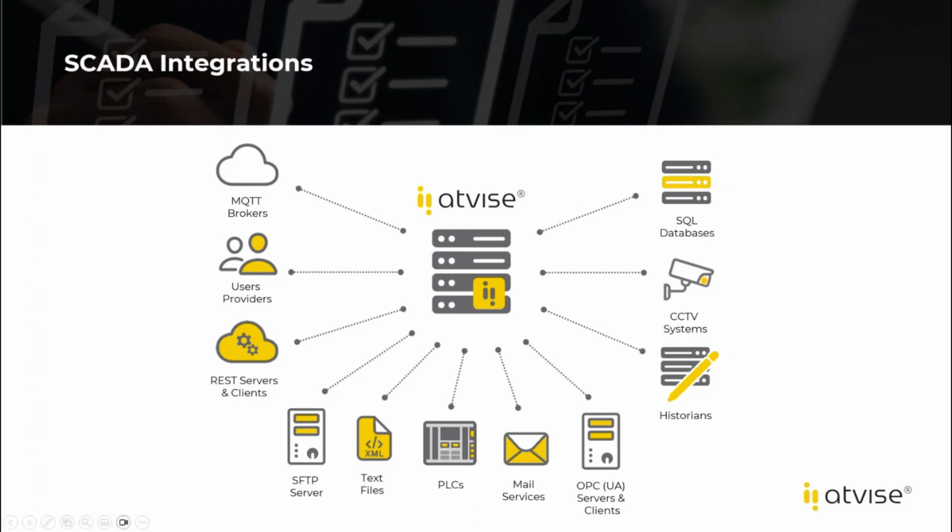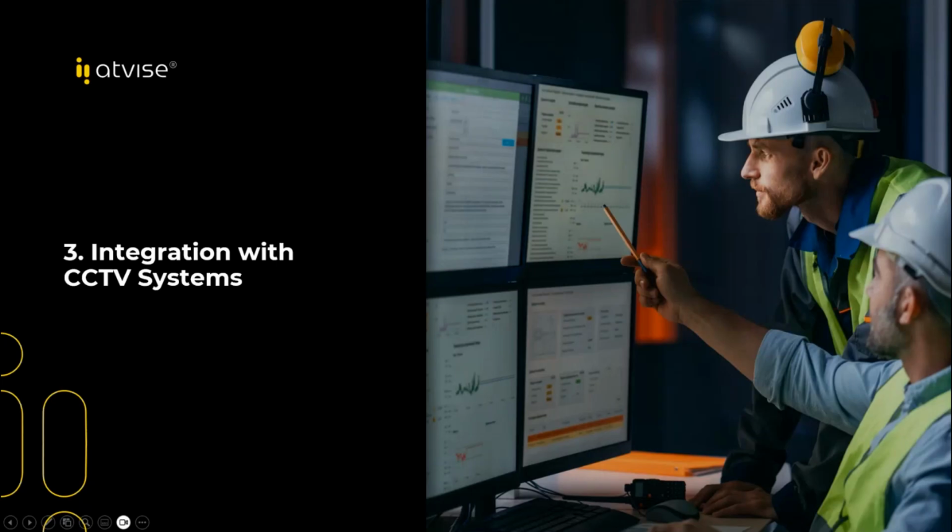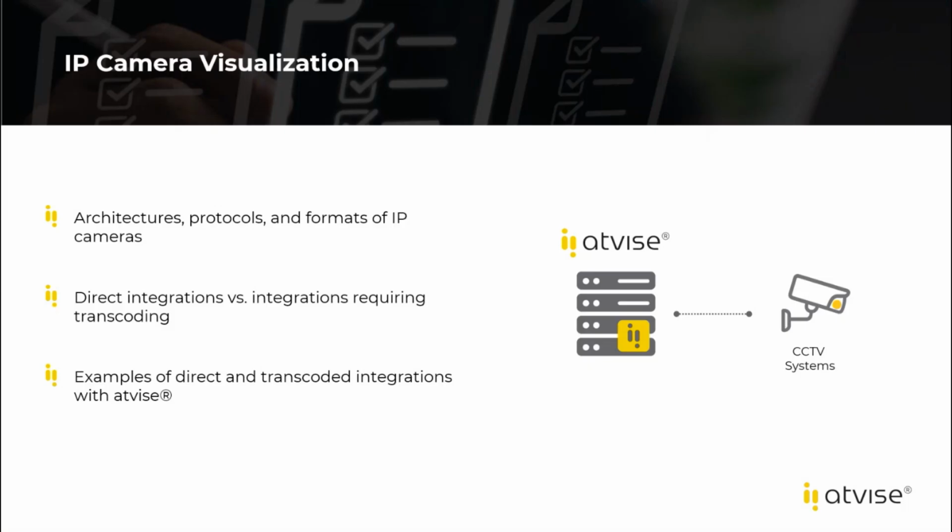Okay, let's jump to the second integration, which is the CCTV system, surveillance, IP cameras. What do we have to consider to integrate the IP cameras in our SCADA systems? Of course, again, with atvise. So we need to first identify the architectures, protocols, and formats of the available IP cameras in your infrastructure.